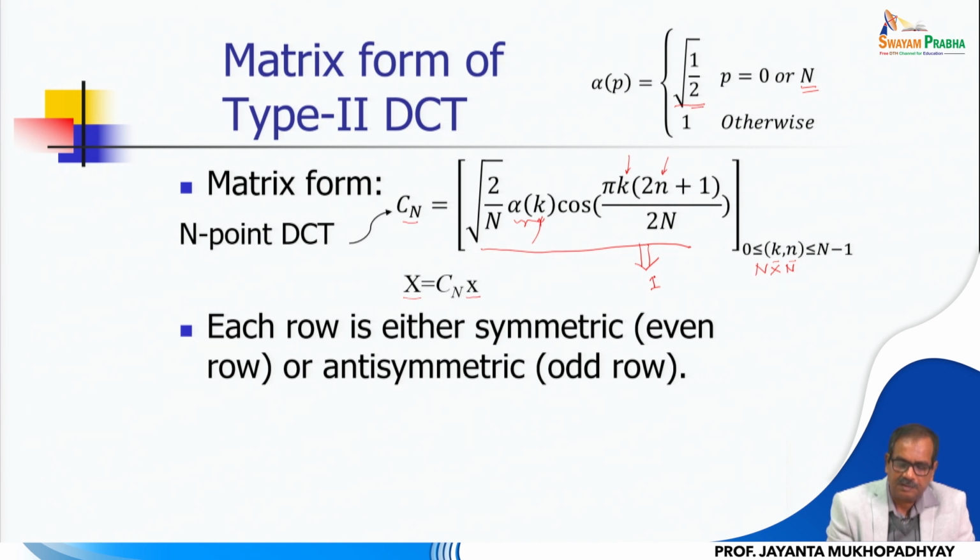So, all the values would be root over 1 by n. That is the elements of the first row. It is symmetric. Symmetric means if I consider a row, say n is 4, it is 1 by root 4, 1 by root 4, 1 by root 4, 1 by root 4.